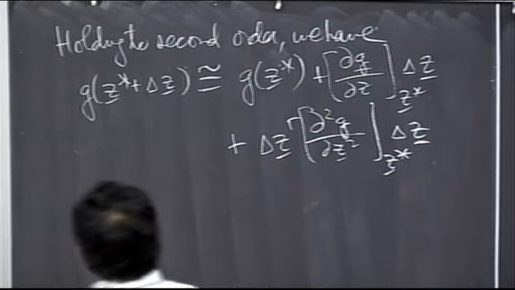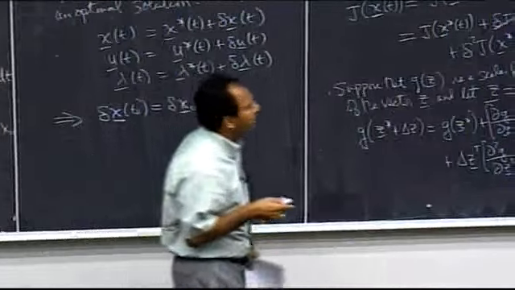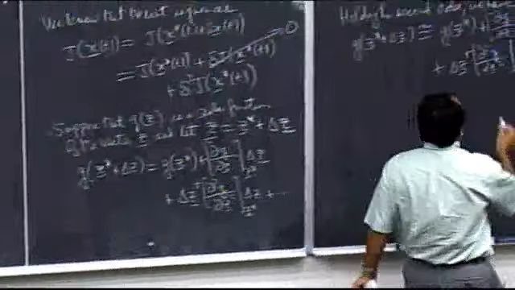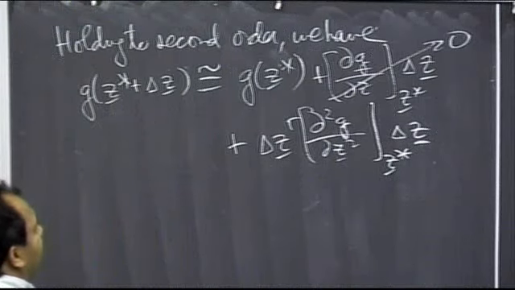Now, what do you know has to be true in the case of a function? If I'm minimizing a function, the necessary condition is that this has to be 0, right? So on the optimal solution, it has to be 0.